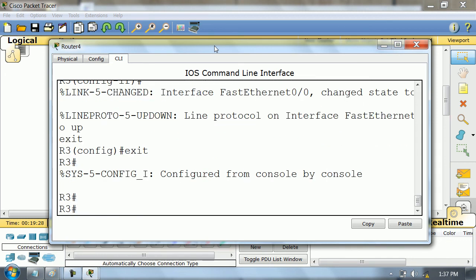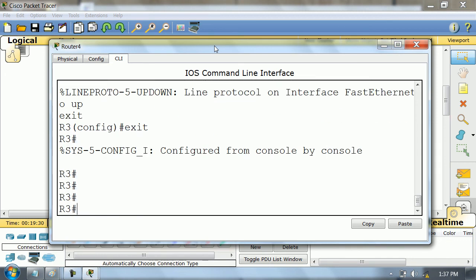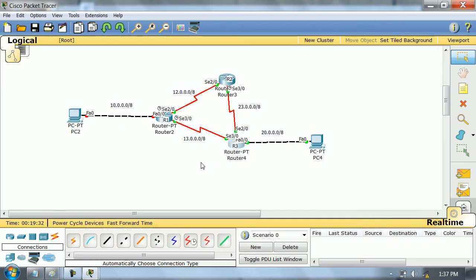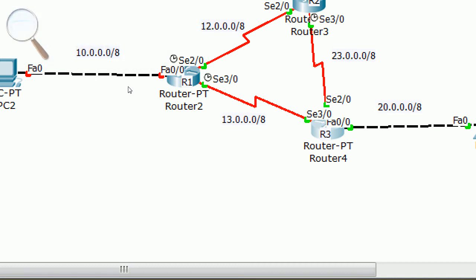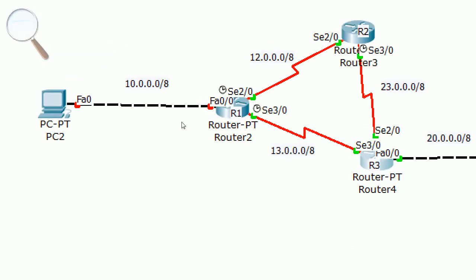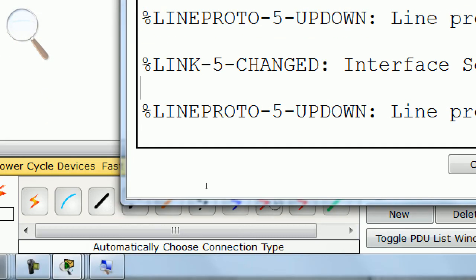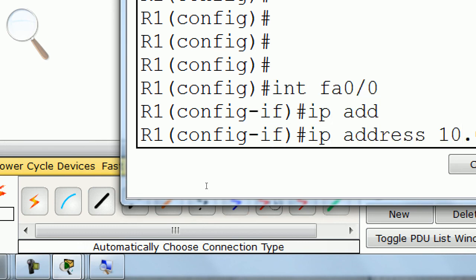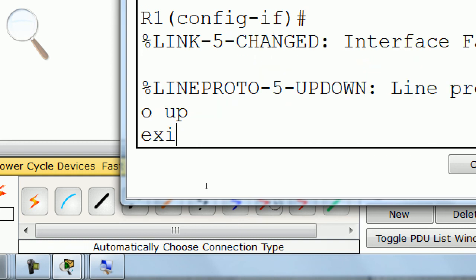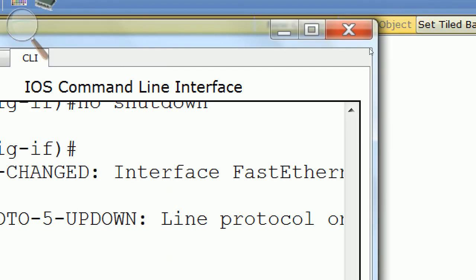Fine. So for your thing, wait. One is left, wait. See, this is the topology.